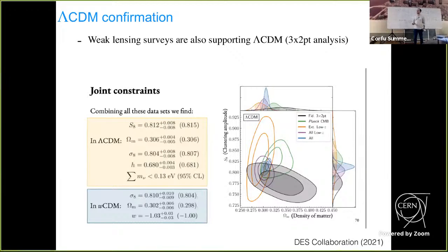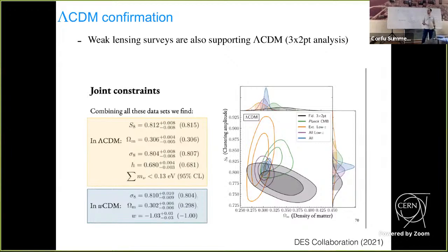In this case, the Dark Energy Survey collaboration, but also the KiDS survey, give similar results. Also, lambda CDM has been confirmed if you combine with other data. Even if you allow the equation of state parameter to vary when doing the fits, it gets close to -1.